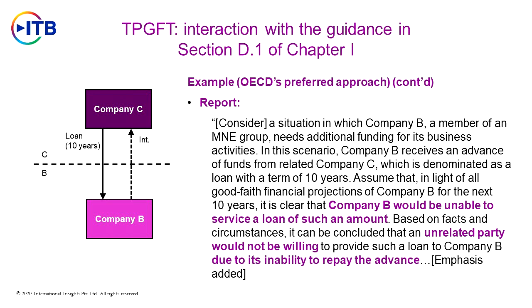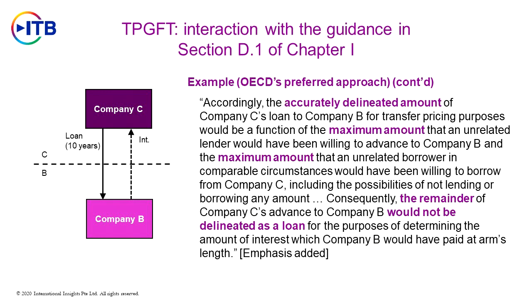Based on facts and circumstances, it can be concluded that an unrelated party would not be willing to provide such a loan to Company B due to its inability to repay the advance.